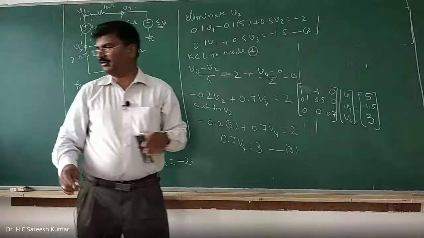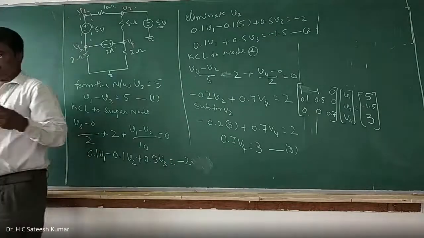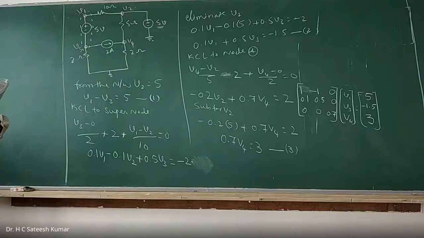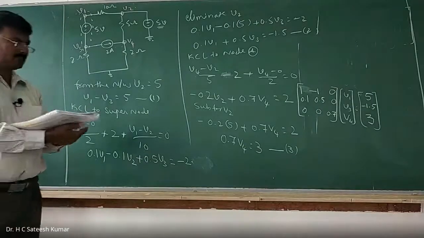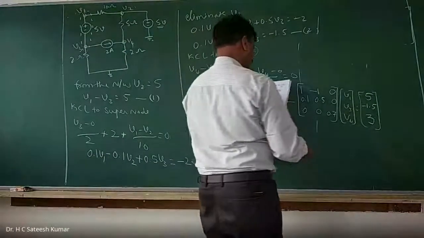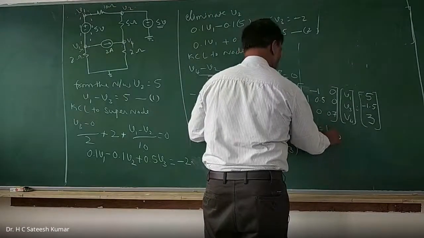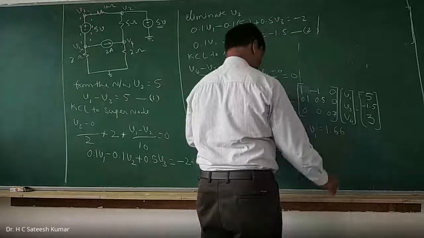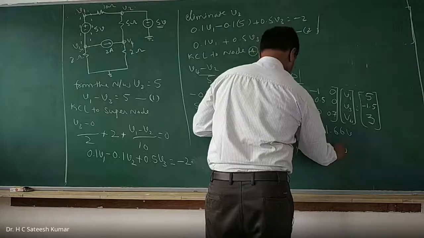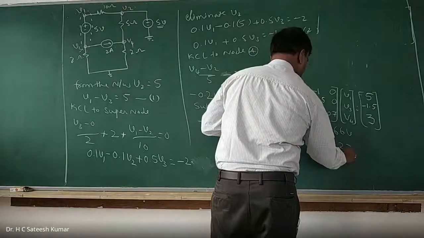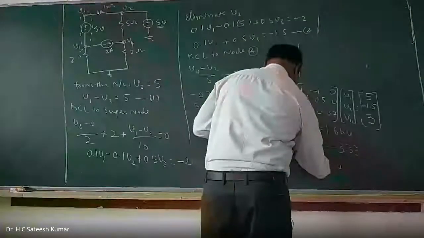Now, if you solve it, we get V1 is equal to 1.66 volts, V3 is equal to minus 3.33, and V4 is 4.98 volts.